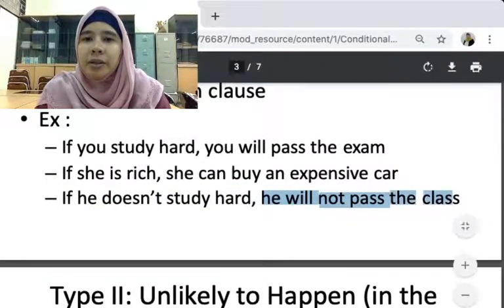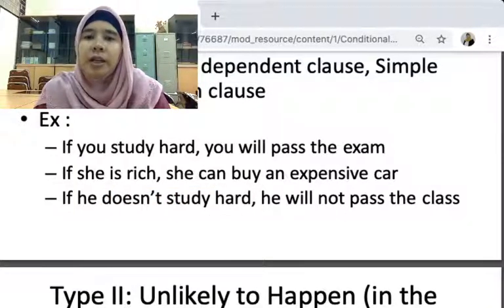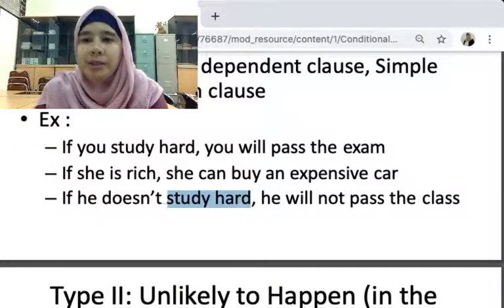It is the same as here, I only change the subject. Remember, if the subject changes into he, it becomes doesn't: does plus not, and then study, then hard. And I change it into a negative sentence. If it is only a positive sentence, it becomes: if he studies hard, he will not pass the exam. Sorry, he will pass the exam.